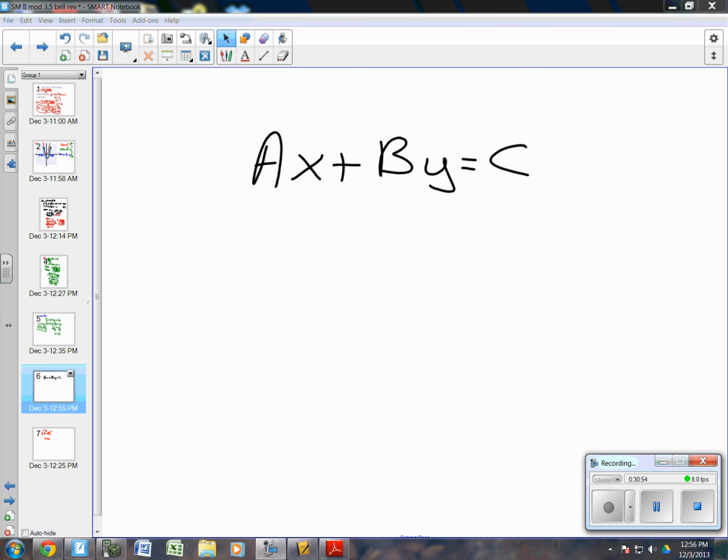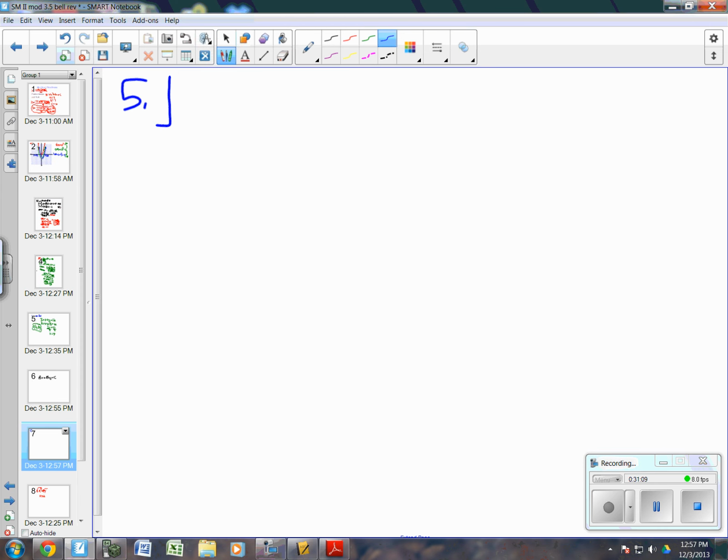Okay, you guys on problem number 5, it says for each of the given quadratic equations, describe the rectangle the equation fits with. What constraints have been placed on the dimensions of the rectangle? So I want you to look at number 5. Okay, number 5 gives me x squared plus 7x minus 170 equals 0.